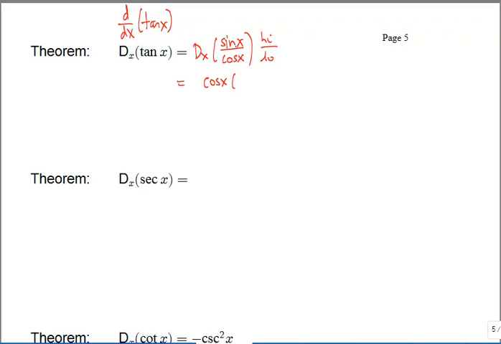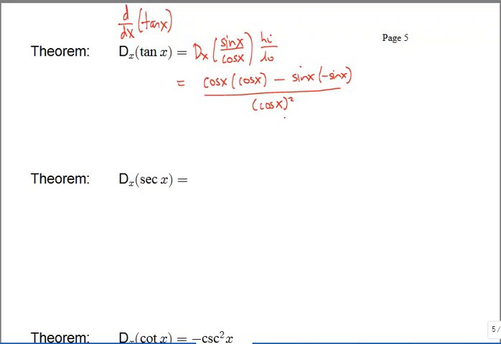D high, the derivative of sine, is also cosine. So there's low d high minus high d low. The high is the sine of x, and the derivative of low, the derivative of cosine, is minus sine x over low low, the bottom squared.